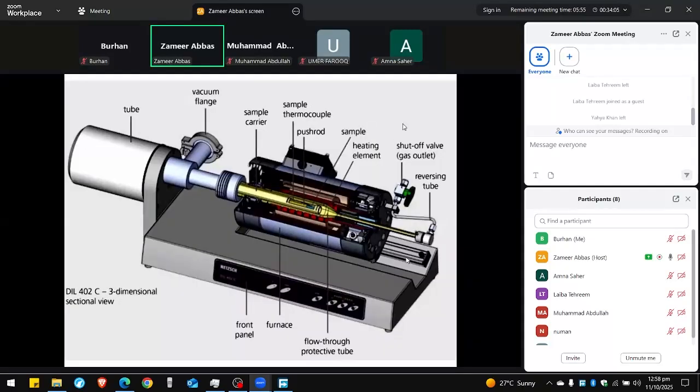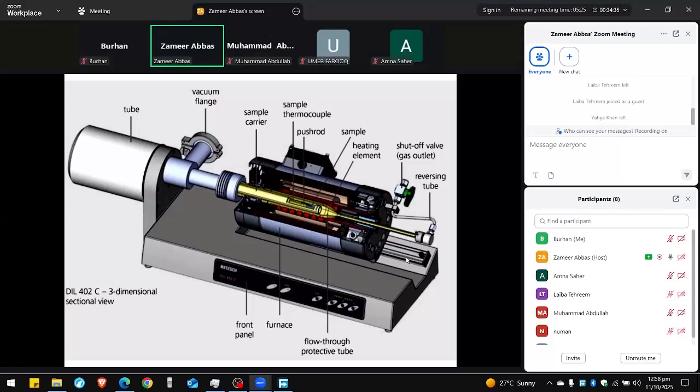If you look at this, I think this is a dilatometer, which measures the change in dimensions when a material is heated or when it's cooled. So when there is a phase transformation, there is a change in dimensions, let's say in length. That change is measured, and that denotes the start of transformation.